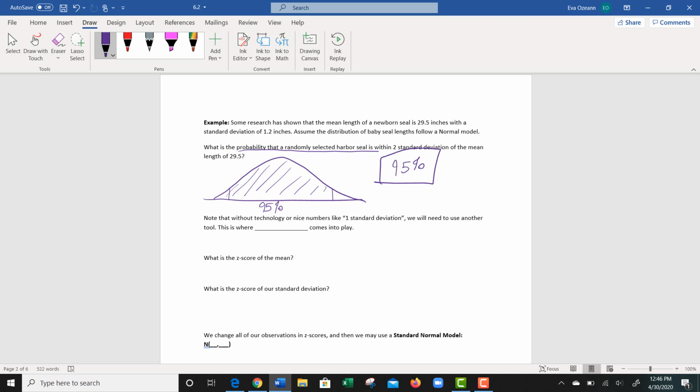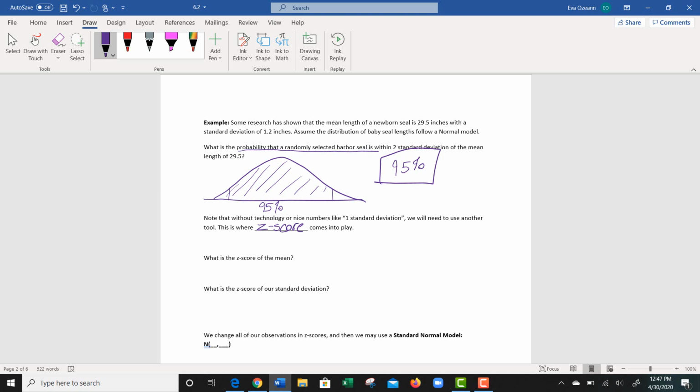Now that's really cool when you have nice numbers like 1 standard deviation, but what if we wanted to know something else, like, what's the probability a seal is between 25 to 35 inches? That's not going to give us a nice unit of standard deviation. It's also not going to give us a nice probability of 68 or 95%. So what we are going to use instead is we are going to standardize things first into a z-score.